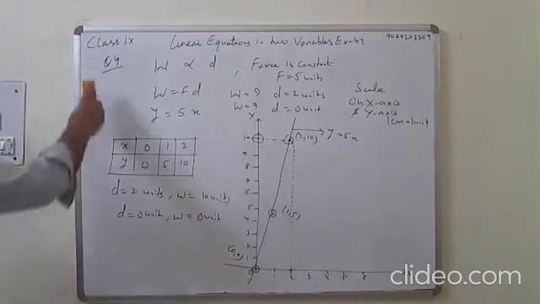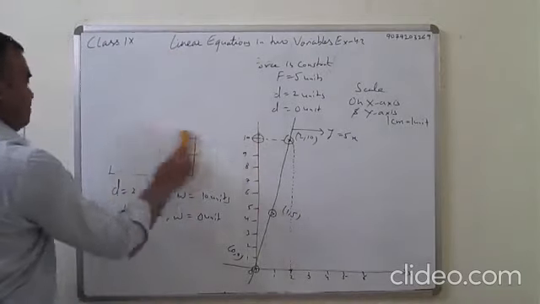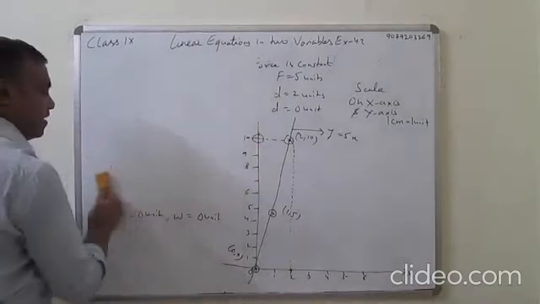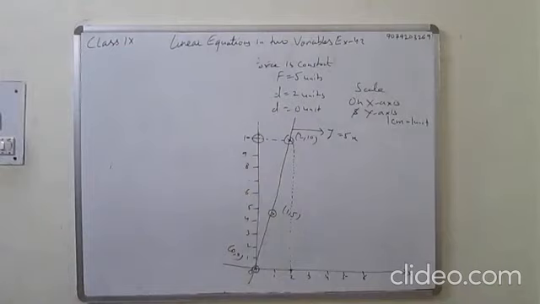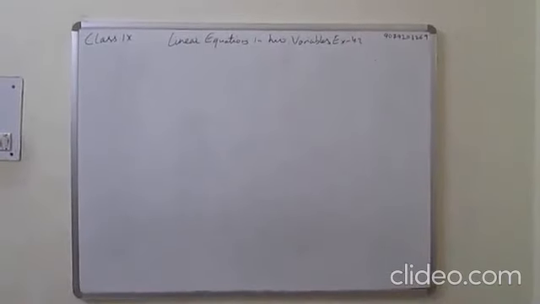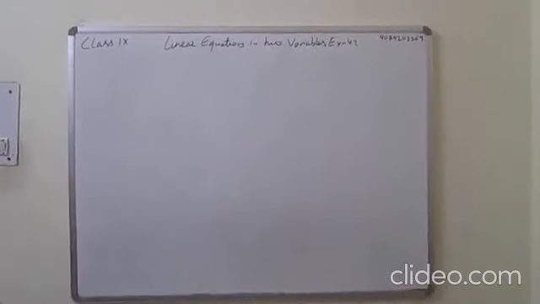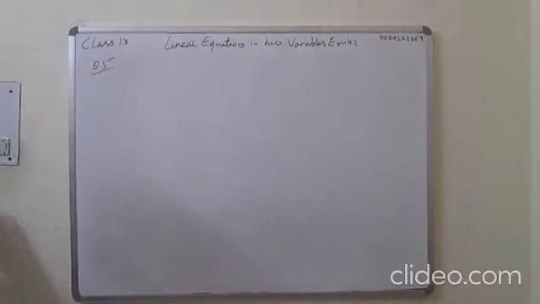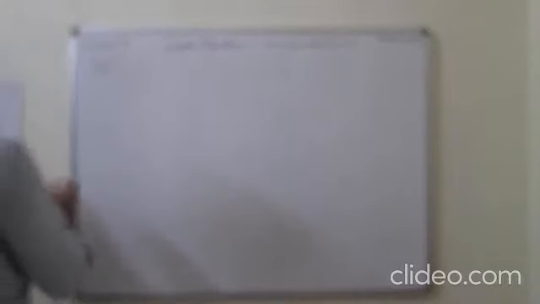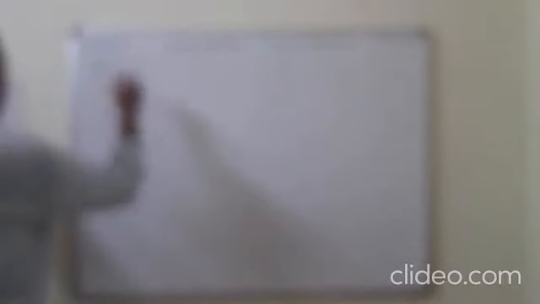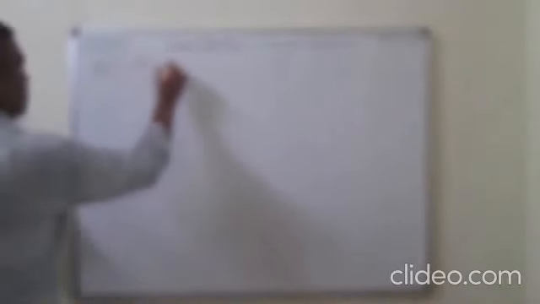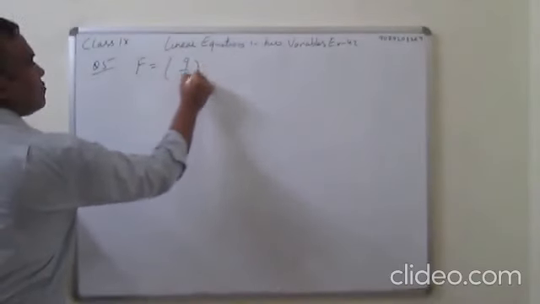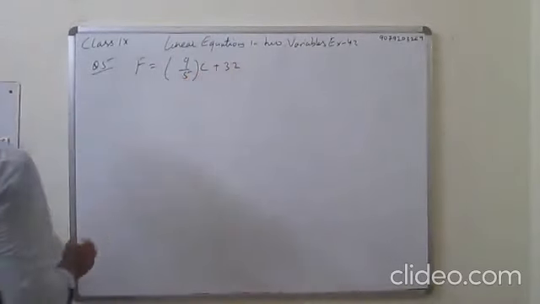Now, next question, question number 5. It is an important question. In countries like USA and Canada, temperature is measured in Fahrenheit, and in India it is Celsius. The conversion scale is given to you: Fahrenheit is equal to 9/5 Celsius plus 32.